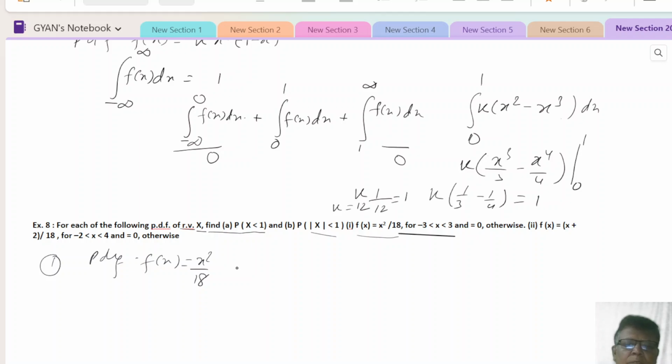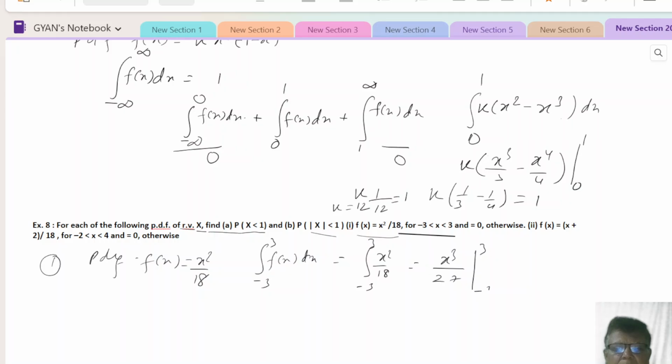So first we have to see whether the integral from minus 3 to 3 is 1 or not. So the integral of x square by 18 dx from minus 3 to 3, the remaining is 0. So that is x cube by 27 from minus 3 to 3, so that is 27 by 27.